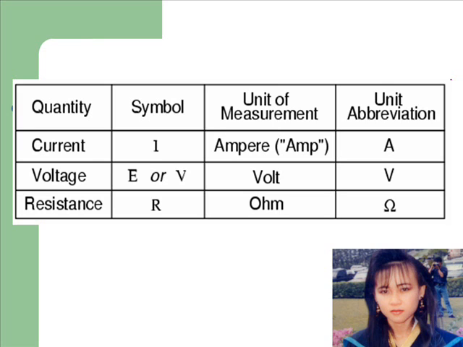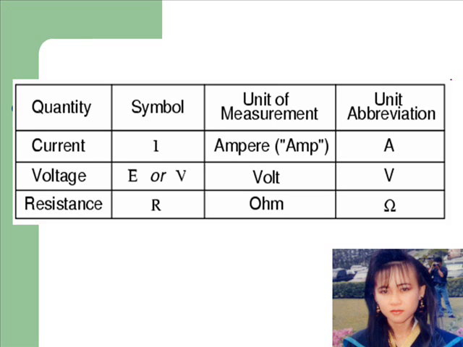The symbol given for each quantity is the standard alphabetical letter used to represent that quantity in an algebraic equation. Standardized letters like these are common in the disciplines of physics and engineering, and are internationally recognized.